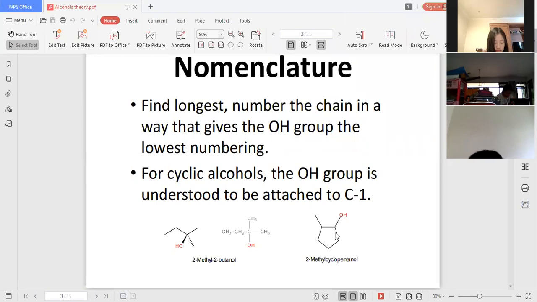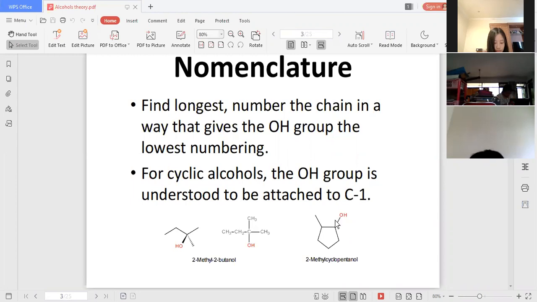For the cyclo, the nomenclature here is 2-methylcyclopentanol. So we have to name it here. Where is the number 1?